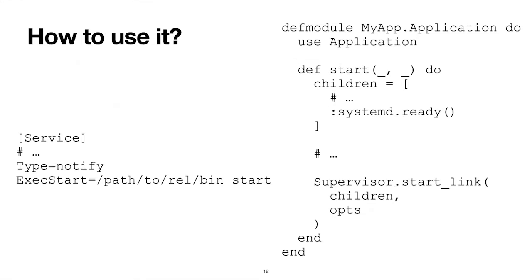So with notifications, we need to somehow inform that our system is already booted and is ready for receiving any connection or working on whatever it needs. So the systemd library provides a function that returns a child specification for a process that will send the message about the state of the system, that the system is already ready for any incoming messages.